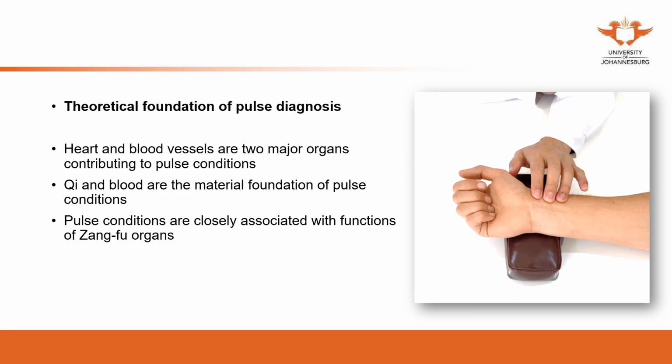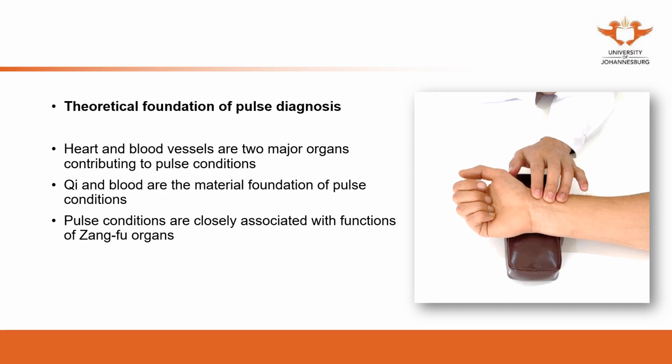Now we need to think about the function in the basic theories. The heart governs the blood. The heart governs the vessels. And what we are feeling here is the vessels, the radial artery. So it's a piece of the vessel that's governed by the heart.